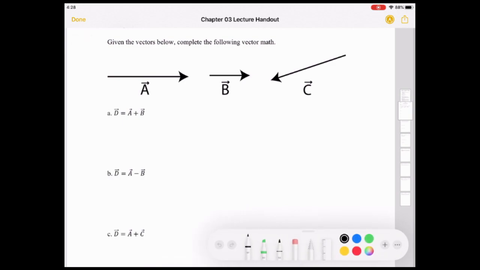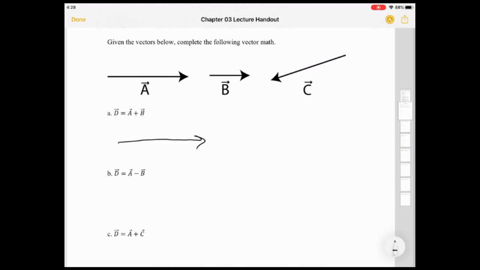It's fine either way. All right, so how do I add A and B? Well, this is actually kind of nice. A and B are in the same direction, so they really do add. If I had sizes for these, if they were 3 and 2, the size of the answer really would be 5. But this is a special case, right?